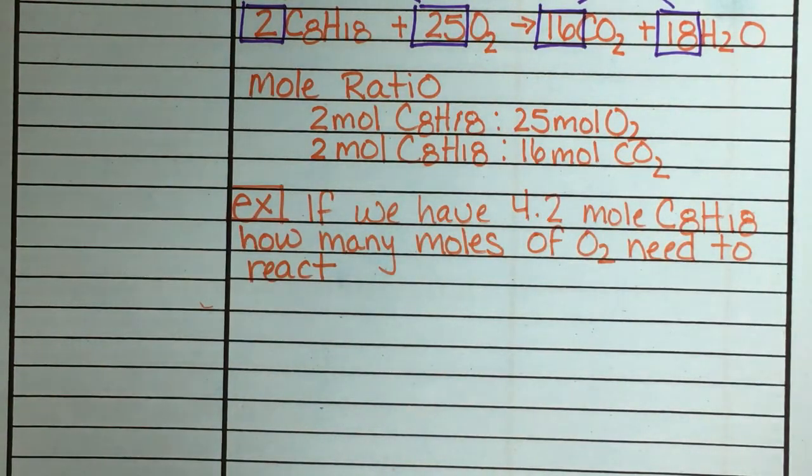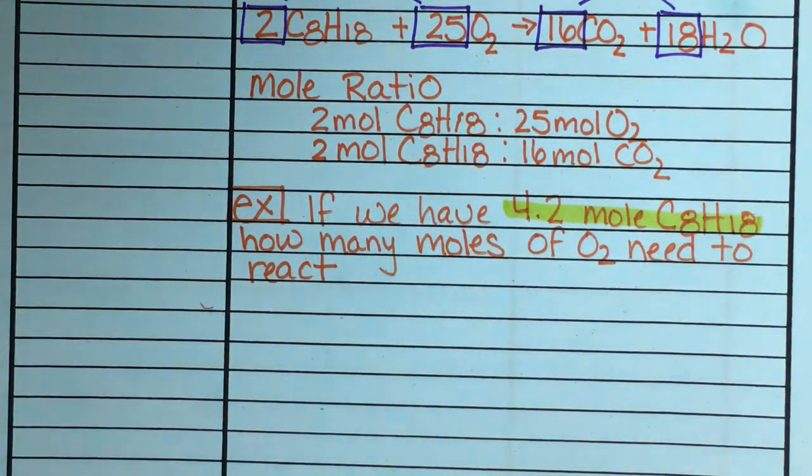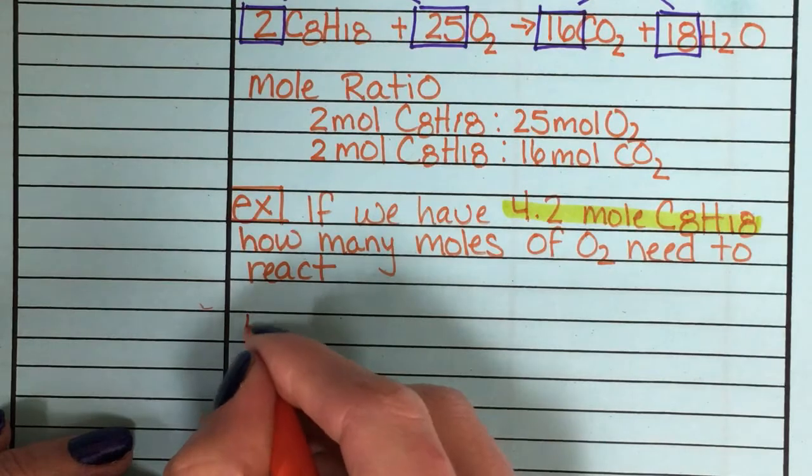Okay? Now, just like we've done before, I always start with my number given. So my number given in this problem is 4.2 moles of C8H18.